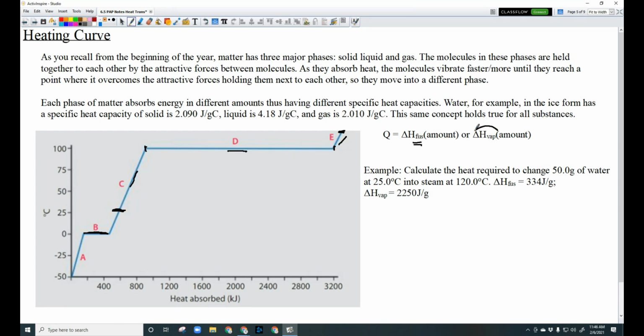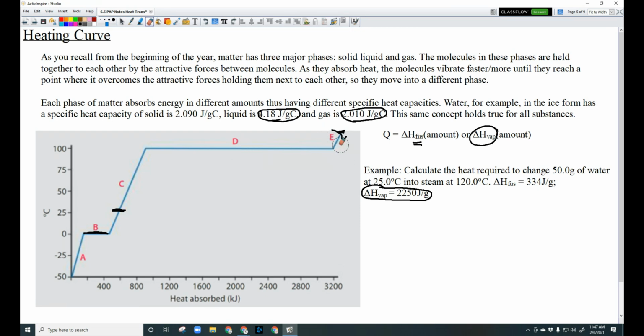We need the heat of vaporization for this problem because we're going through this phase change. We're going to need this number, and we're also going to need the specific heat capacity of liquid water and of the gas, which is steam.